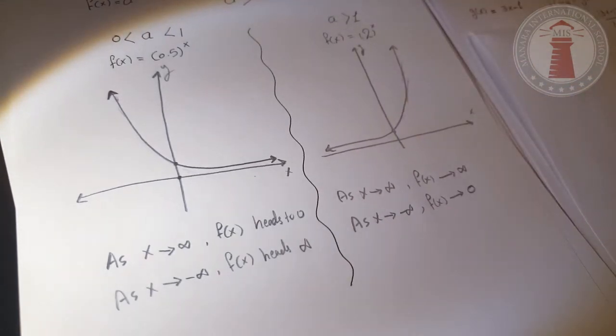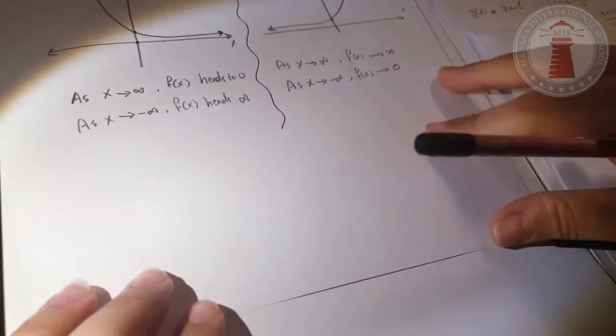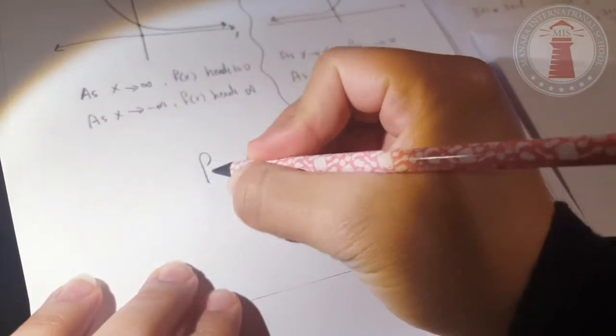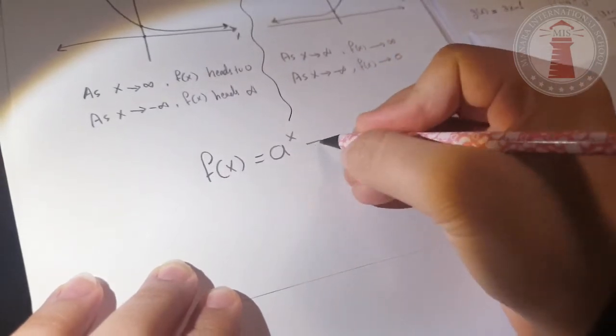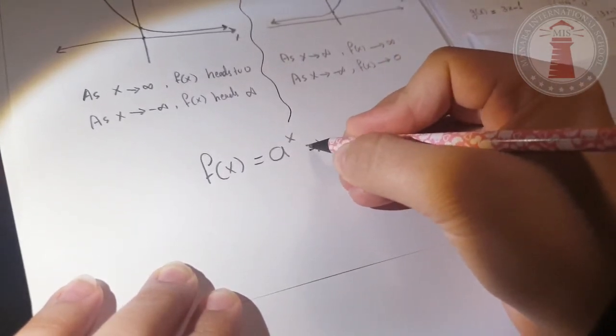Now at x equals 1, which is one of the most important points in here. Let me just write it here. We said f of x is equal to a to the power of x. That's the general form of an exponential function.